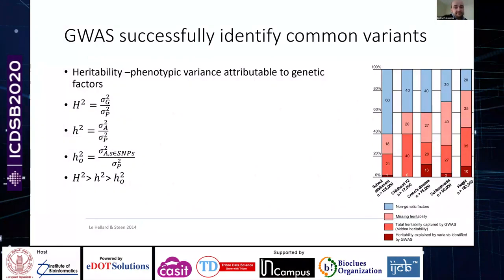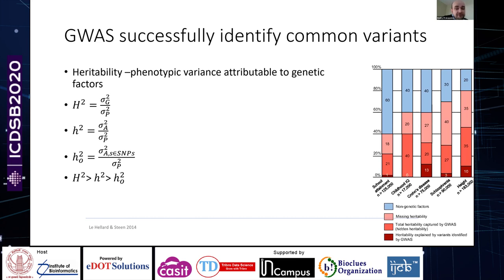So let's talk a little bit about heritability. What is actually heritability? Heritability is the phenotypic variance which is attributable to genetic factors, and there are multiple definitions. The broadest, called broad sense heritability, is what I said, the variance attributed to genetic factors.